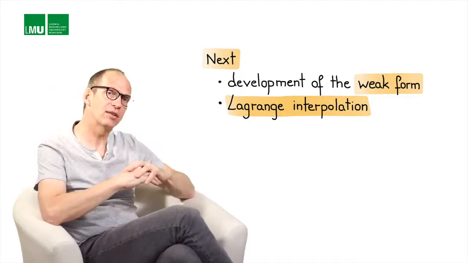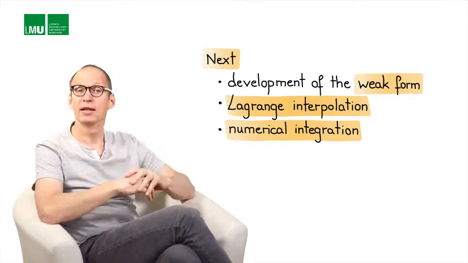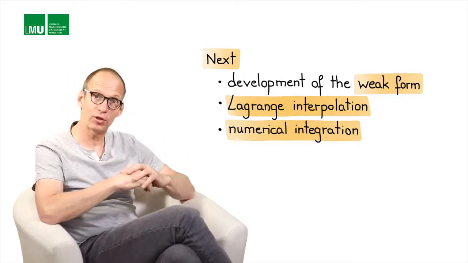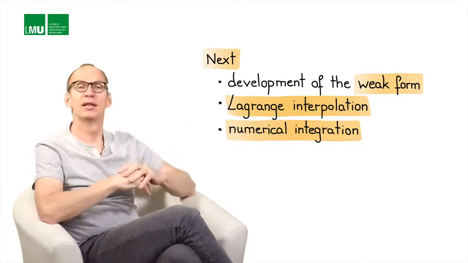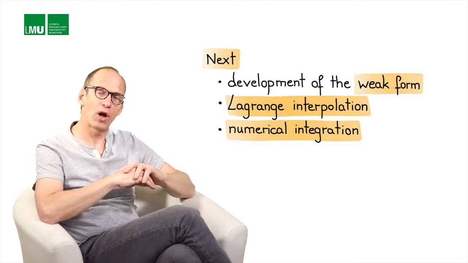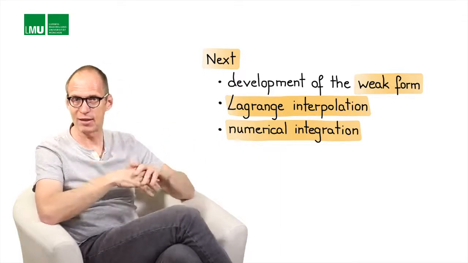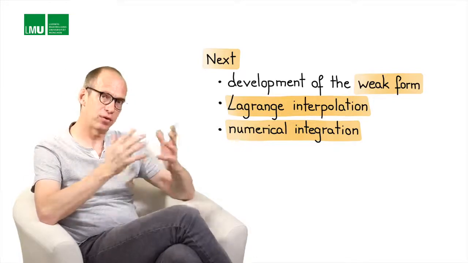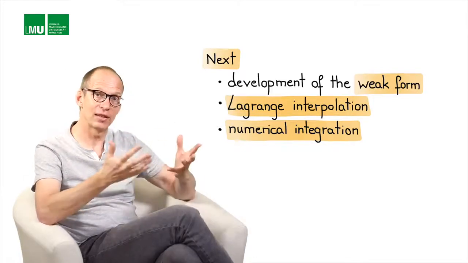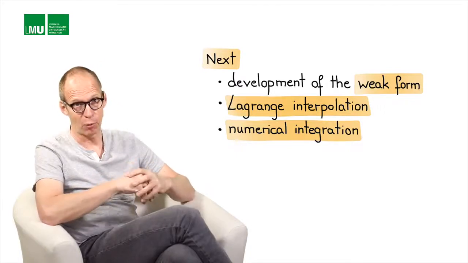And we also need the concept of numerical integration that we did not use in the finite element chapter, because remember, for the integrals we assumed that properties like density or shear modulus were constant inside an element. We want to relax this for the spectral element method, and that is also one of the reasons why it will be so powerful.